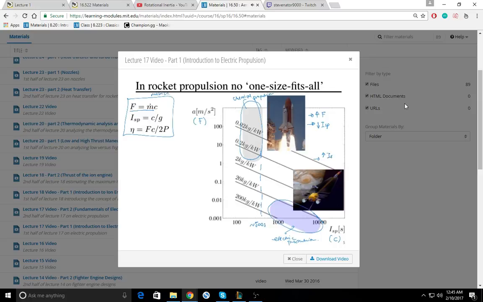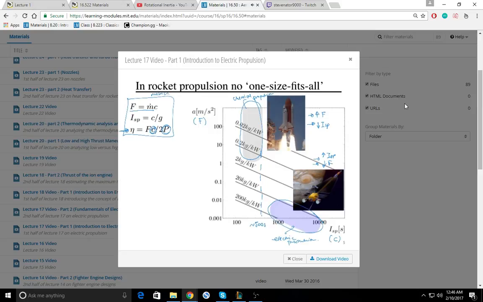But this comes at the expense of a lower thrust. And the reason why we have a lower thrust is that if you look at this equation here for the efficiency, the higher the exhaust speed that the engine has, the greater the amount of power that we need if we have a fixed efficiency. So in general, the thrust is limited to low values.